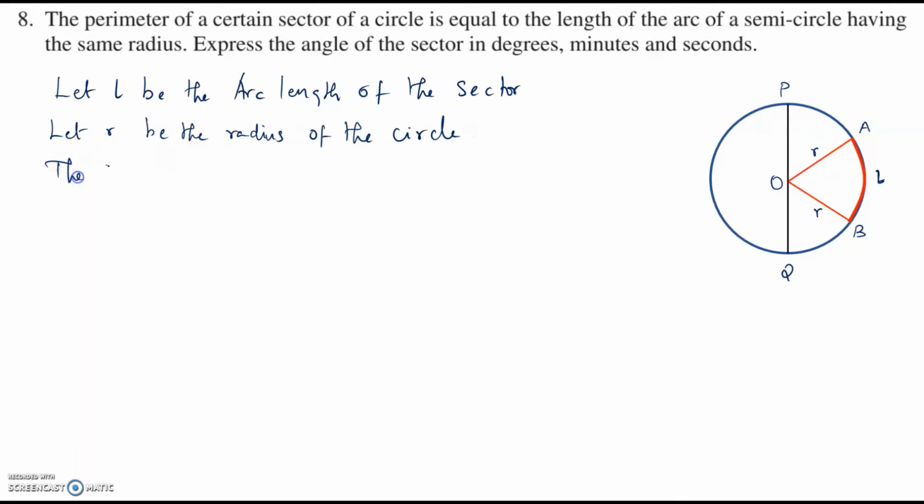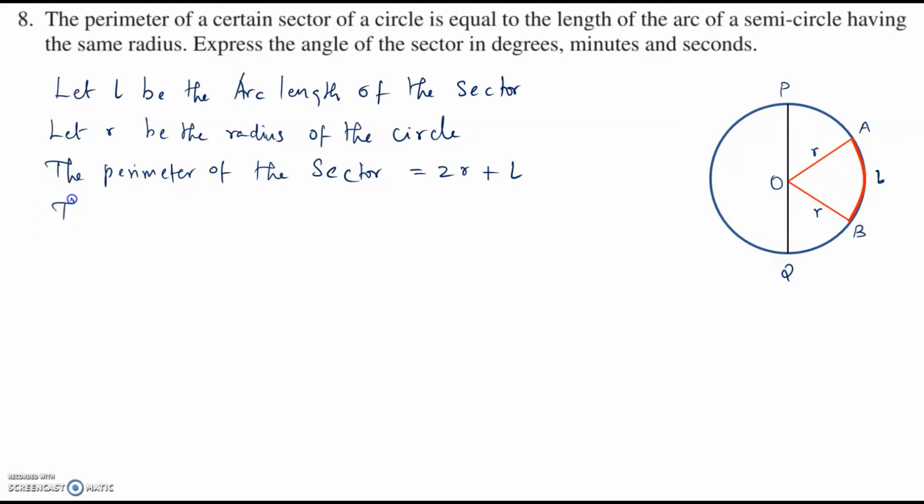The perimeter of the sector would be r plus r, which is 2r, plus L. So that's equal to 2r plus L. Now this perimeter is equal to the arc length of the semicircle.